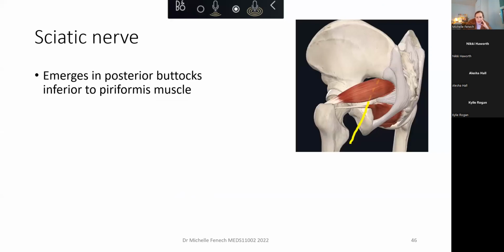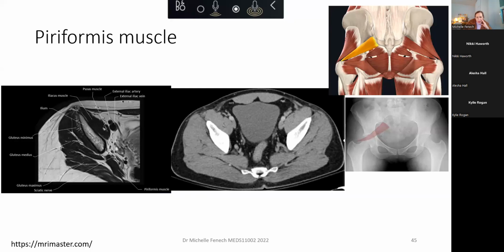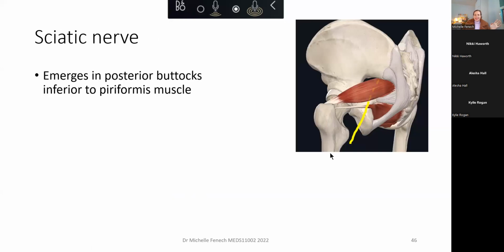Why is the piriformis an important muscle that we know about? Have you heard about people having sciatica? You go, I've got sciatic pain. Yeah, when I was pregnant. Yeah, I've had it. We have a big nerve called the sciatic nerve, and it runs in close proximity to this piriformis muscle.